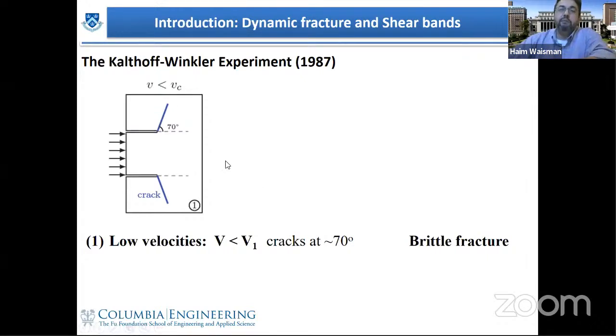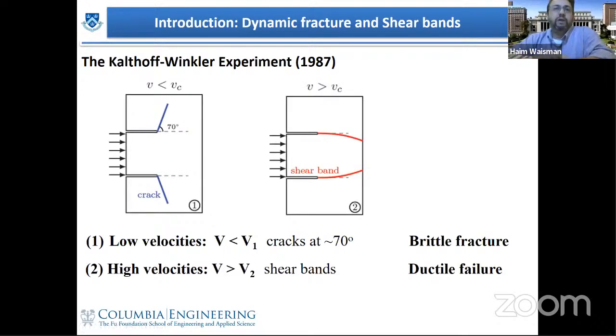This is basically a brittle fracture behavior. If they increased and took a very high speed impact, they observed a completely different phenomenon. They observed what is called the shear band, which I will discuss in detail soon, in a completely different direction. This is referred to as ductile fracture.